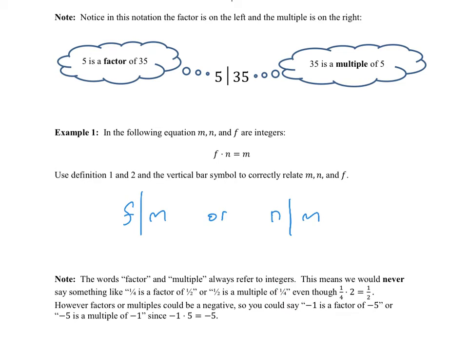Even though it is true that you can take a quarter and multiply by 2 and get 1/2, that's a true equation, but we're not talking about those situations. You can always take a number and multiply it by something to get another number. But when you have integers, then you actually have a condition, whether you're a factor or not.